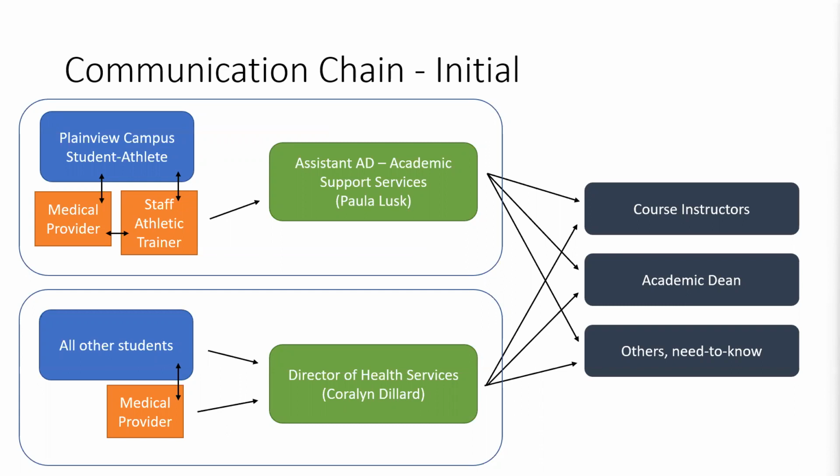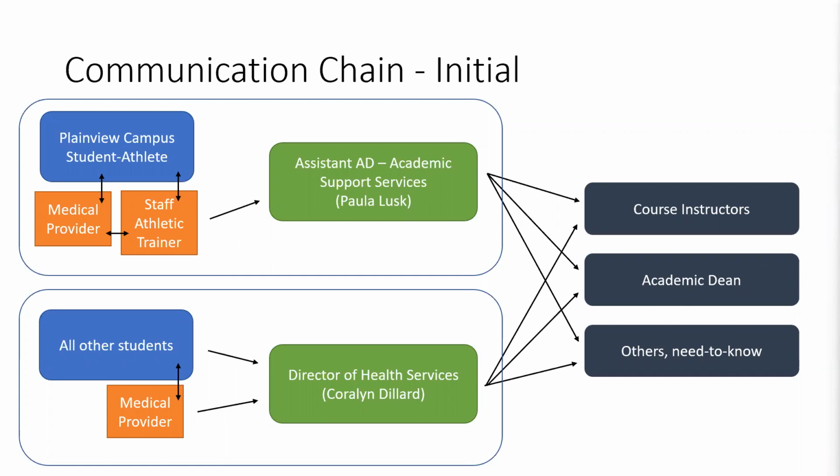So for those of you who are looking at this primarily from a course instructor perspective, and that's most of us, note that this top box here for course instructors, there's only 2 arrows here by your box. That's what you need to worry about, okay? All communication to and from you only needs to go through one of these 2 people, either Paula or Coraline, and they will distribute your concerns or your questions as appropriate, and vice versa.